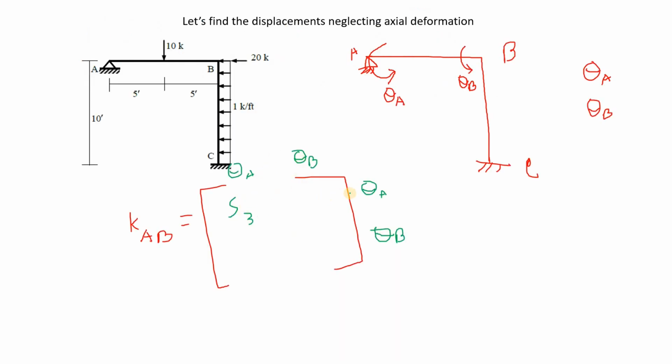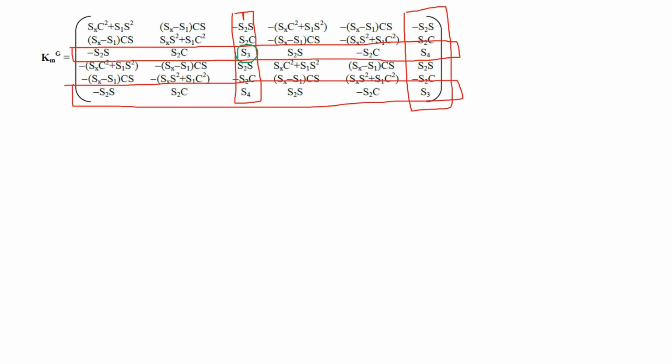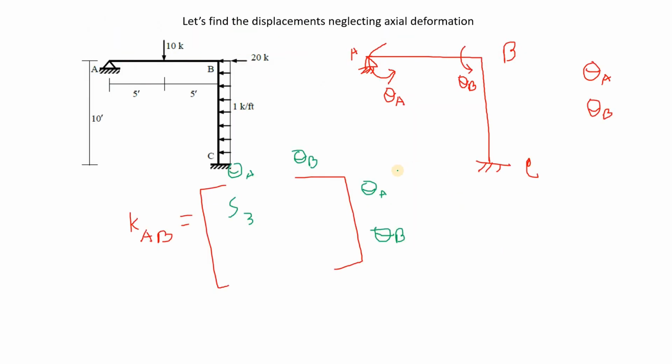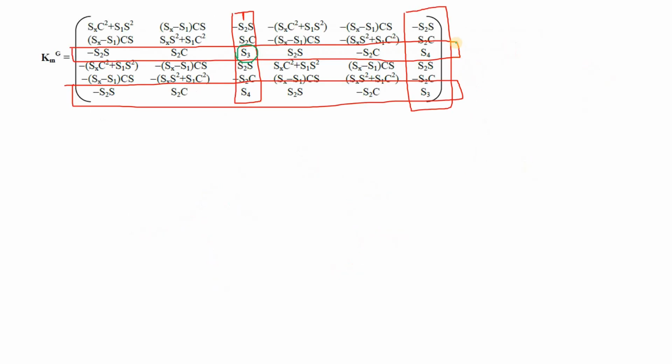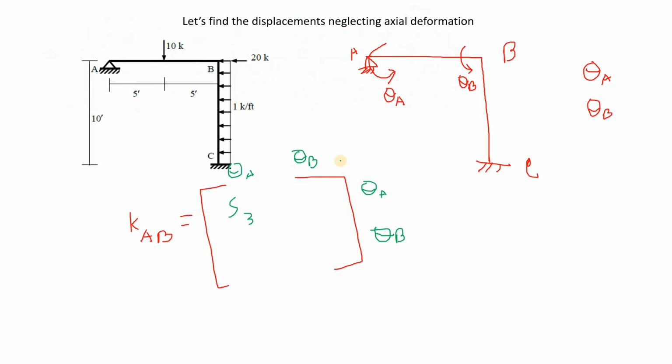So when we're taking theta B and theta A, theta B is column 6. There you go, column 6. And then theta A is row 3. So column 6, row 3. There you go. Column 6, row 3 is S4. So we're going to place S4 here.